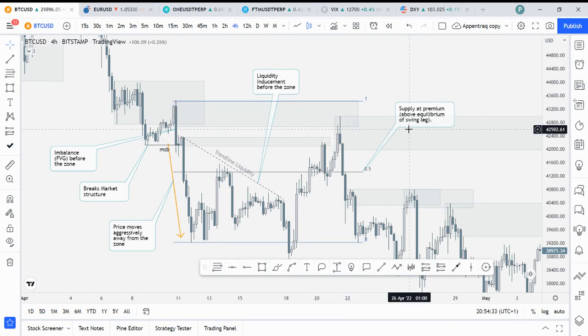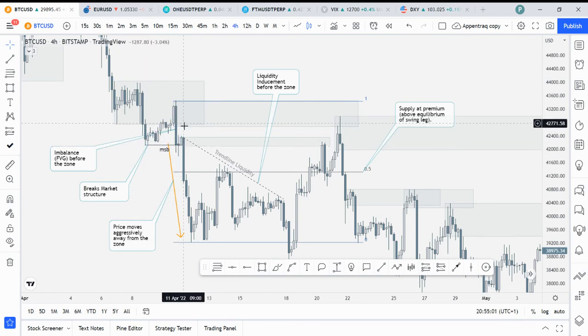So when you're mapping out your supply and demand zone, if you want to be very accurate and map high probability zones, pay attention to price imbalance, pay attention to how aggressively price moves away from that zone, pay attention to fair value gap, pay attention to liquidity, and most importantly, the zone should break structure.